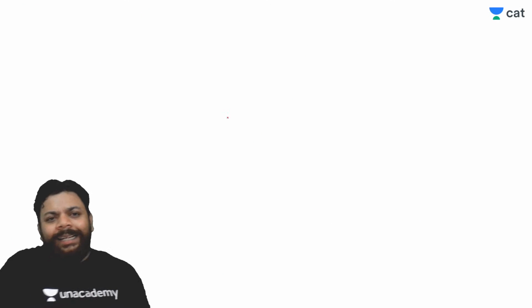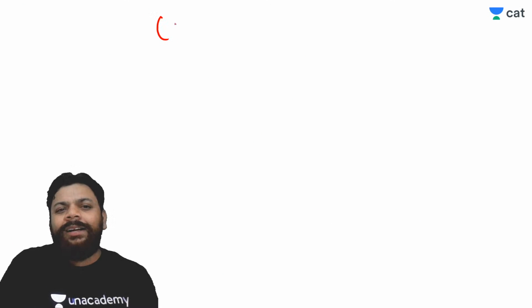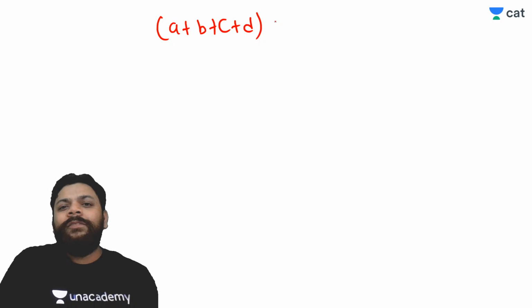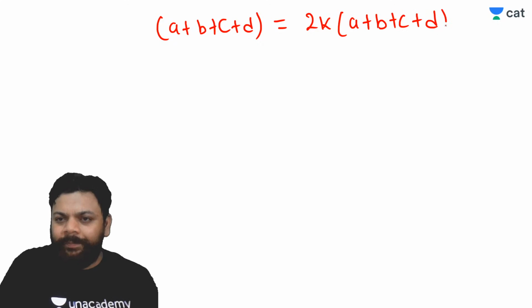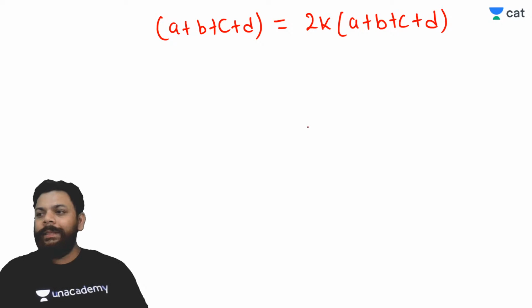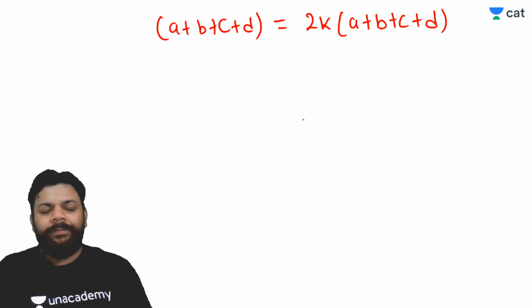So can I write this one as a plus b plus c plus d will be equivalent to 2k times a plus b plus c plus d? Can I write like this?